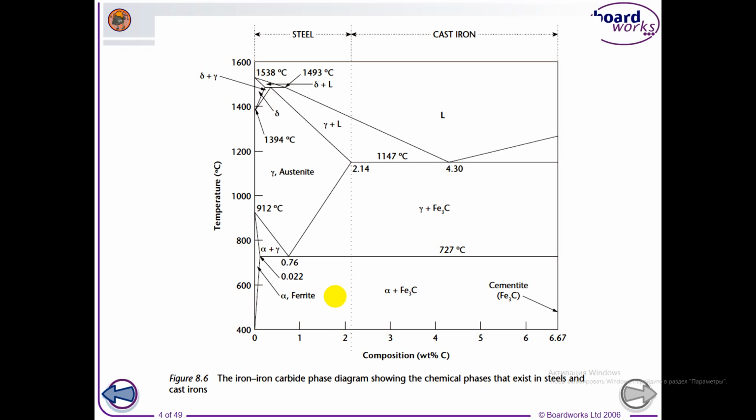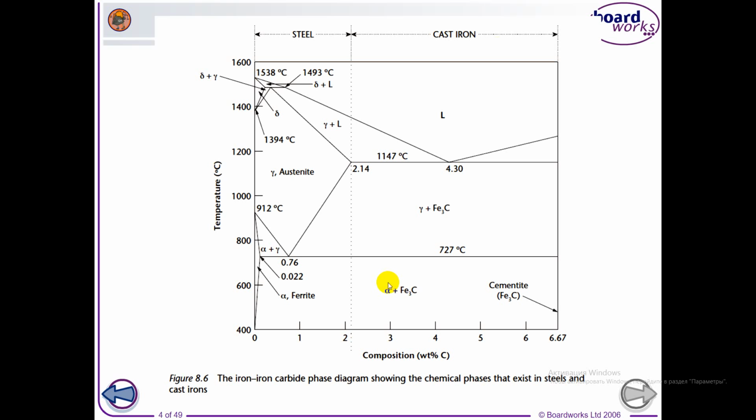This phase exists as part of alpha ferrite plus cementite. This dual phase is known as pearlite, which is present in all steels and cast iron at room temperature.